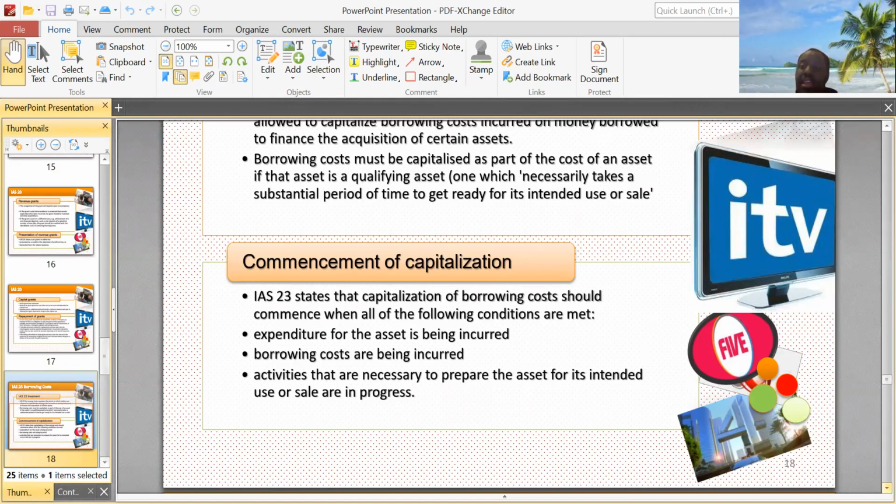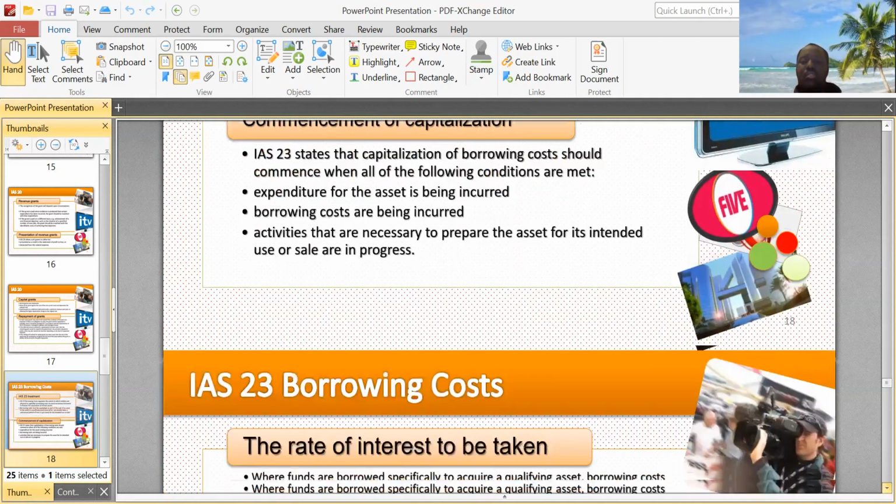And number three, any activities that are engaged in to ensure that the asset is prepared for its intended use or sale are in progress. If any of those activities are in progress, then we go ahead to capitalize borrowing costs, or we begin to capitalize borrowing costs. That's what we mean by the commencement of capitalization. This is very, very crucial to understand.